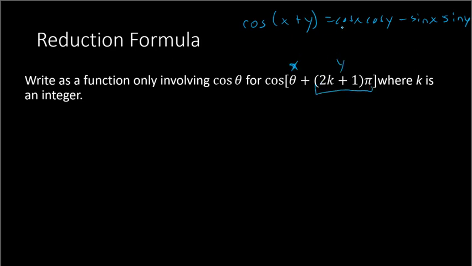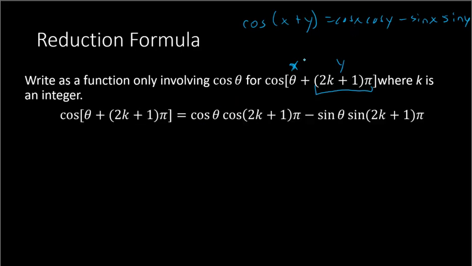So we can rewrite this as cosine of theta, then instead of cosine of y, we now have cosine of 2k plus 1 times pi, and then minus, instead of sine of x, we have sine of theta, and instead of sine of y, we plug in 2k plus 1 times pi in place of y.